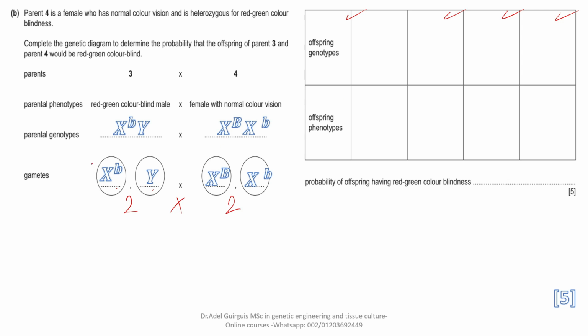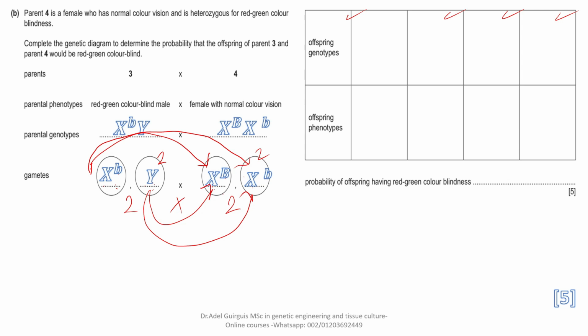There are 2 possibilities for the sperm XP small to fertilize the egg, XP capital or XP small. The sperm carrying Y also has 2 possibilities to fertilize this egg or the other egg. So 2 times 2 equals 4 individuals.